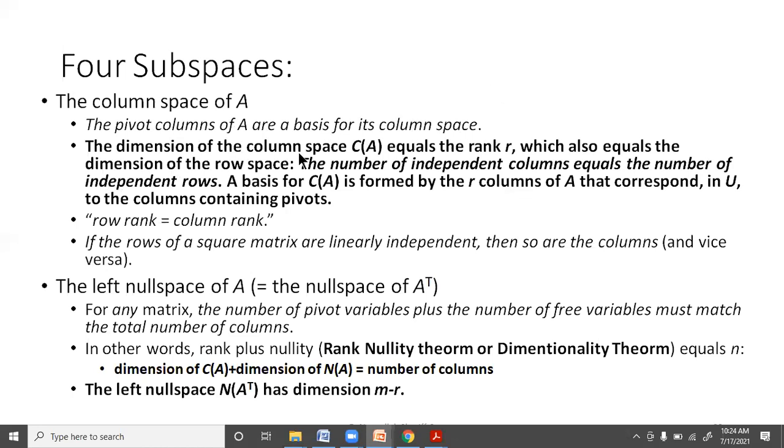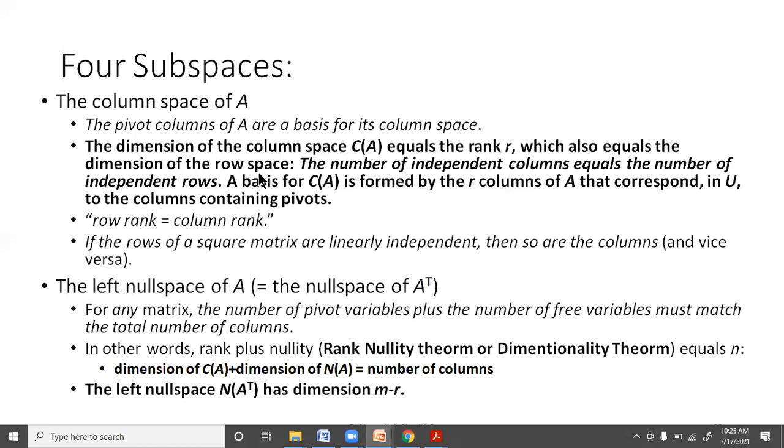So the dimension of the column space C(A) equals the rank R. If you have 2 pivot columns, then the rank will be 2. Therefore, the dimension of the column space is R, which is the same as the number of pivot columns in A, which also equals the dimension of the row space.